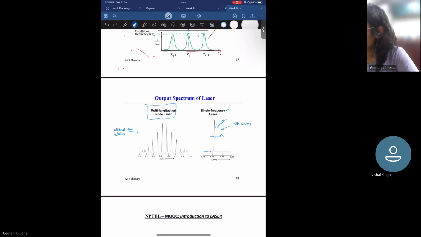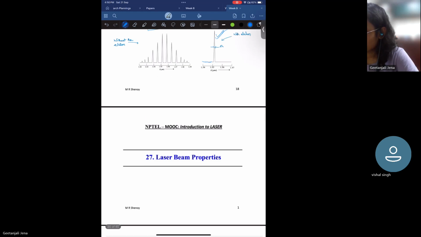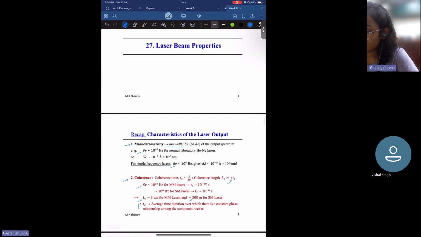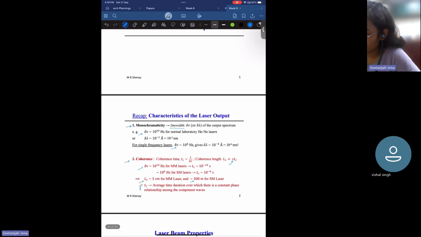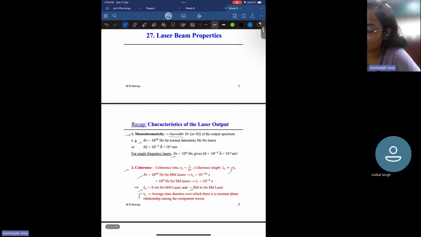Okay. So let us move to the next part then. In the next part, these are some properties that we have seen earlier also. One is the monochromaticity of the source, which is defined by the line width of the system, which is delta nu. For a helium neon laser, delta nu is around 10 to the 10 hertz.